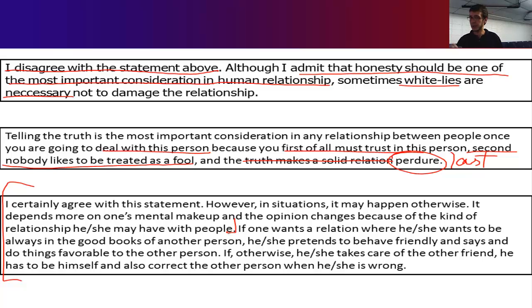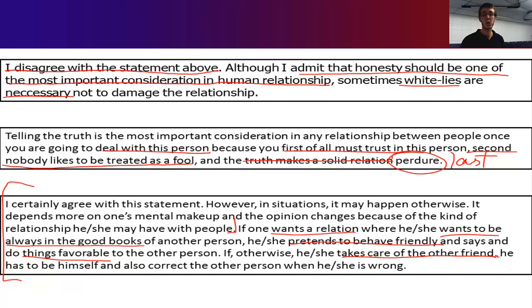And on the thesis section: wants a relation, wants to be always in the good books, pretends to behave friendly, says favorable things, takes care of the other friend. You see, this person is telling us what he will discuss without discussing it.